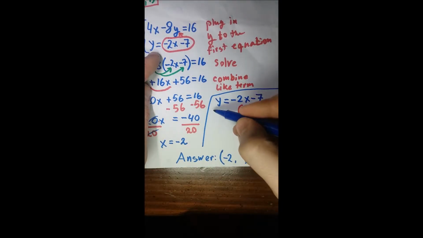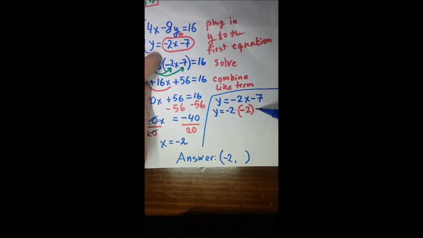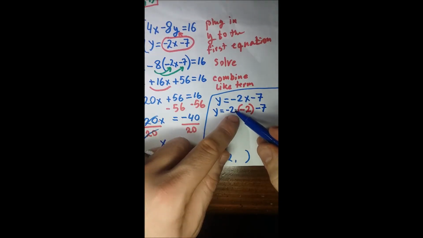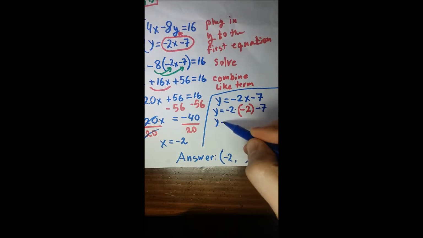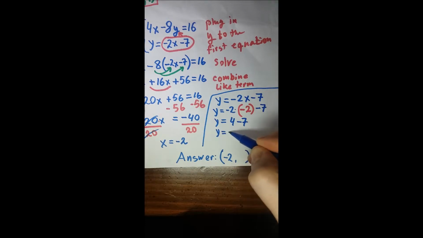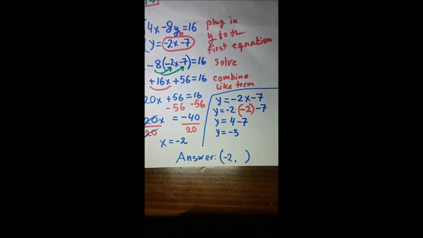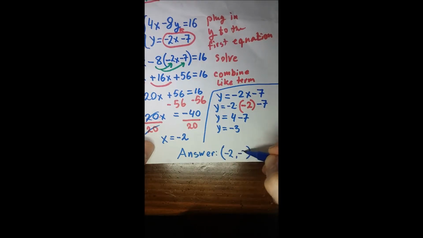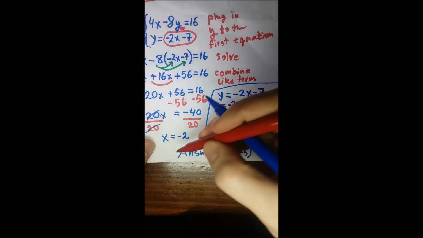So now my equation is y equals negative 2 times negative 2 minus 7. And let's do the multiplication next, right? Negative 2 times negative 2 is positive 4 minus 7. 4 minus 7 is negative 3. That's it. The answer is negative 2 comma negative 3. We found out what the answer is.